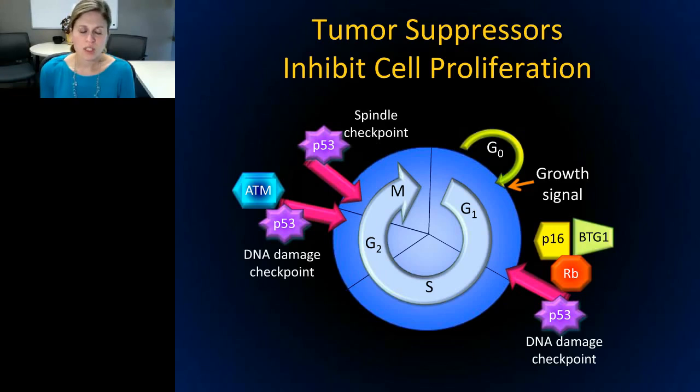The DNA damage checkpoint shown here, or restriction 1, that particular checkpoint is very, very important, and P53 is the molecule that is probably the most important for allowing for a cell to progress into synthesis, S phase, and checking to make sure that DNA is in its perfect state.